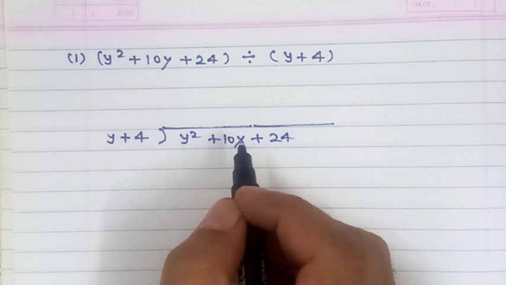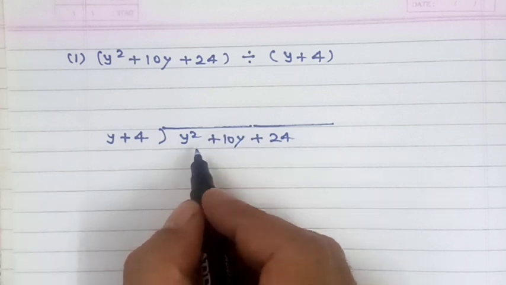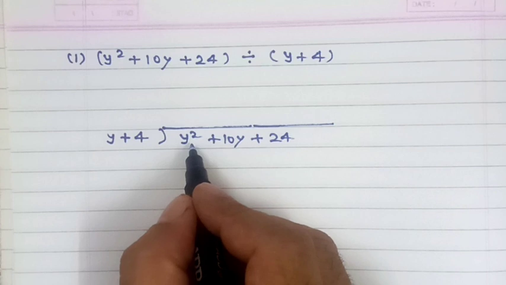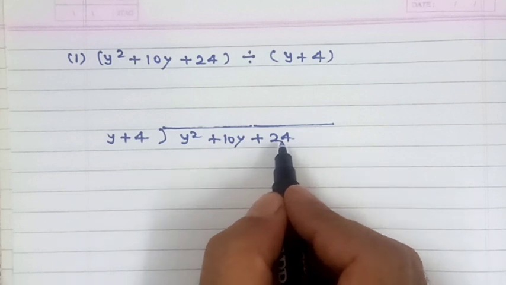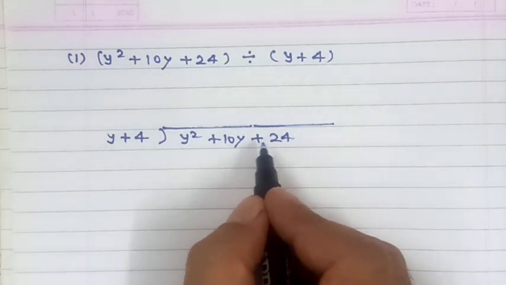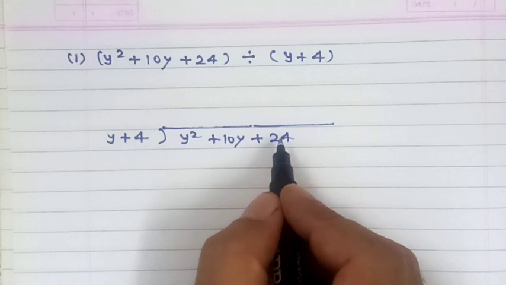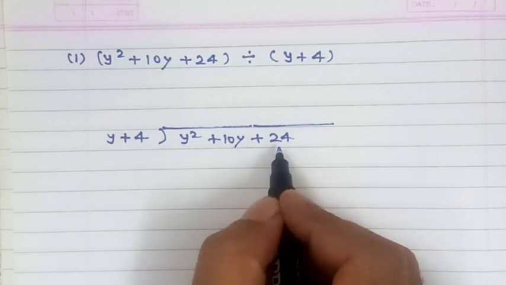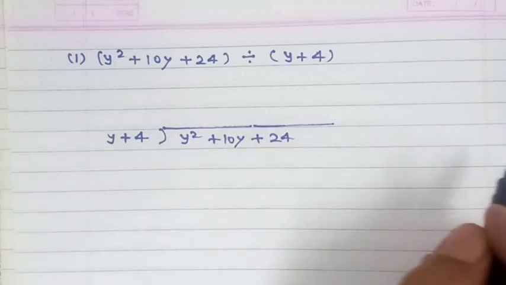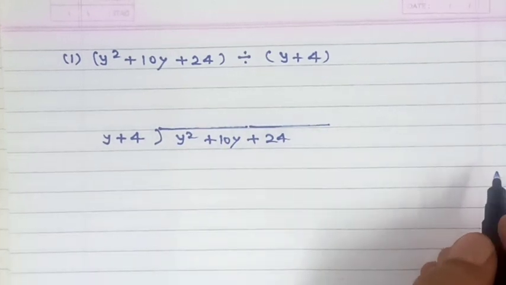That is the way to do the problem. Here the indices of each term are in descending order, 2, 1 and 0. So no need of doing any changes. Write as it is.